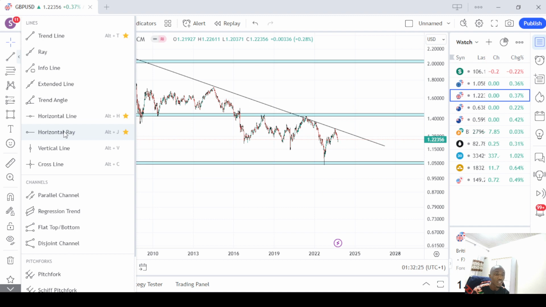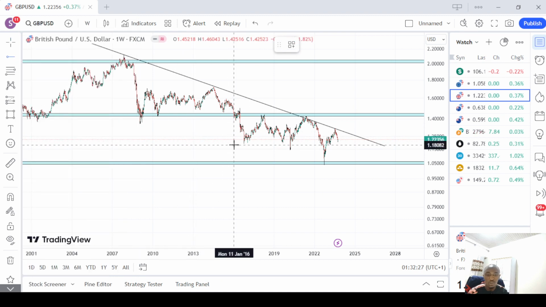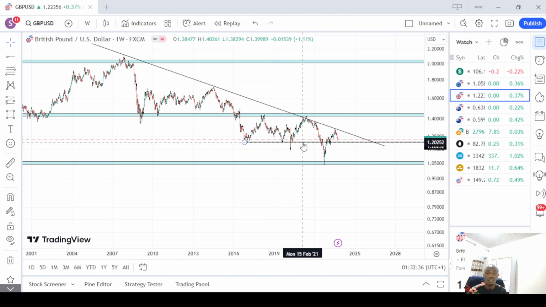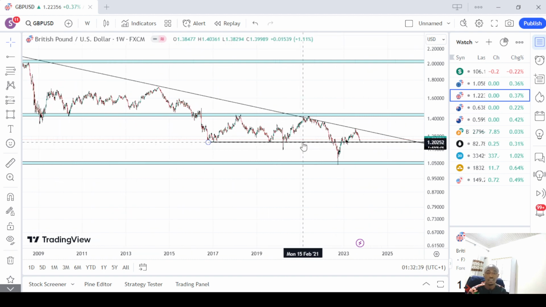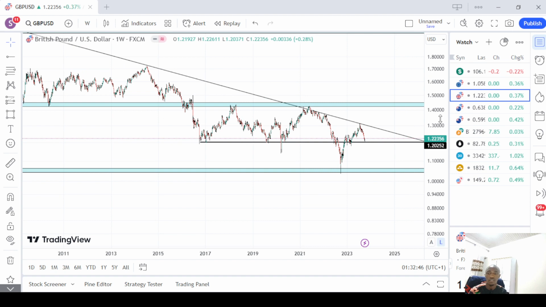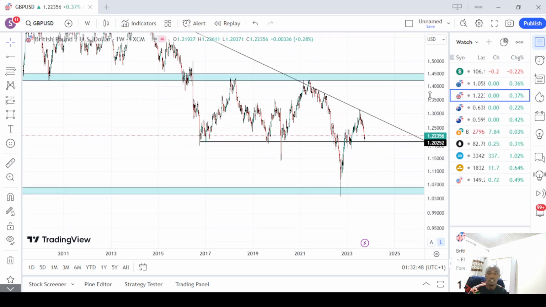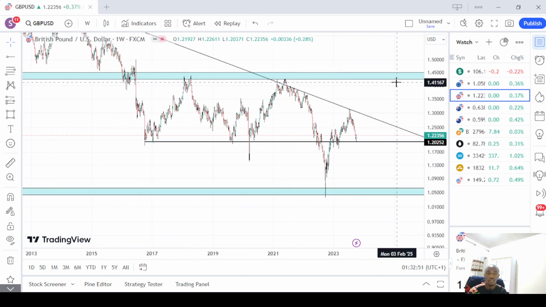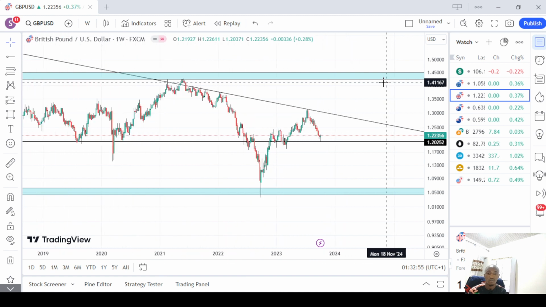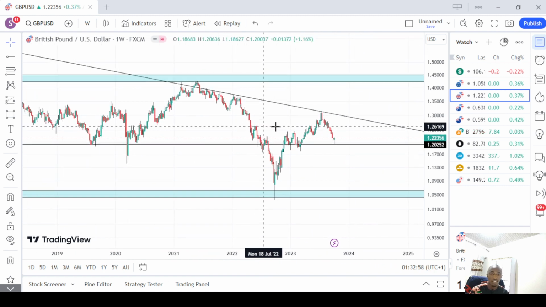I prefer to use my horizontal ray. I have it here, here, and here.